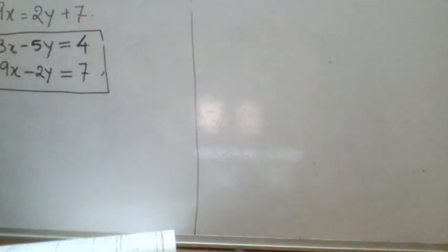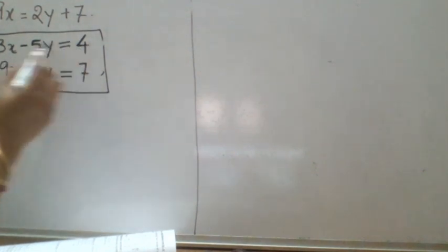Okay. So what we do now, we will make the coefficient of x or y equal. So what we can do, in order to make the coefficient of x the same, so that we can get rid of the variable x, this is coefficient 3 and this is 9. So we can multiply this equation by 3. We will multiply this equation by 3.